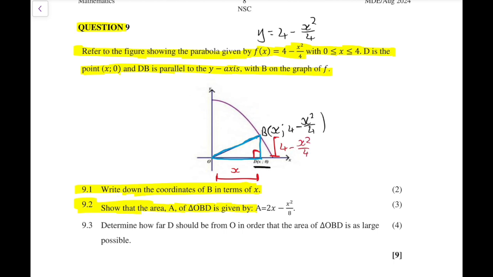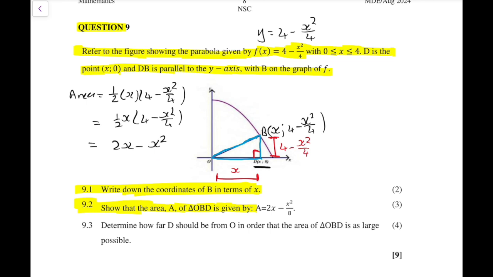So your area is a half of your base times your height, a half x into (4 minus x squared) all over 4. This is going to give us (2x minus x cubed) all over 8. Okay, that's what it should give us.